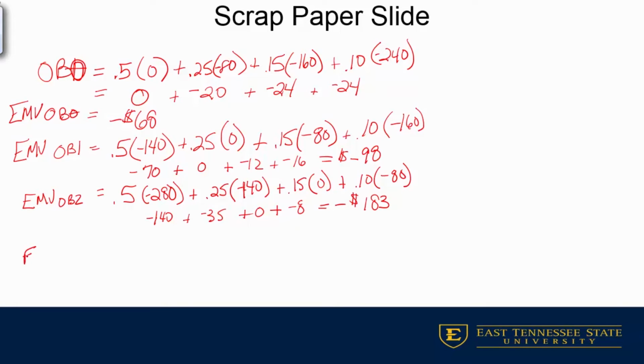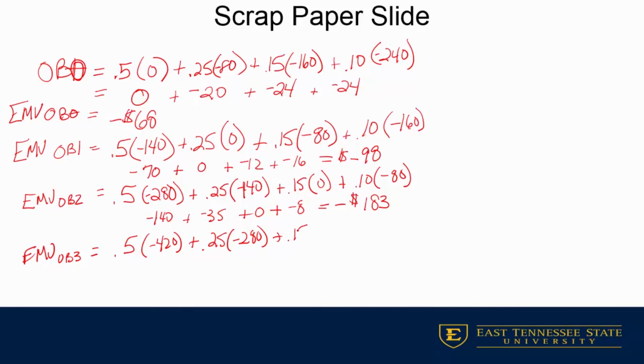If we take a look at our expected monetary value for overbooking 3 rooms, again, using the same probability of 0.5 for 0 cancellations, we'd be out $420. 0.25 probability for 1 cancellation, we would be out $280.